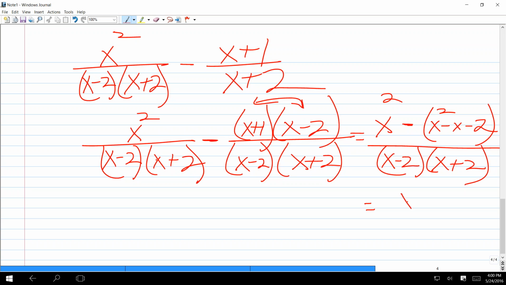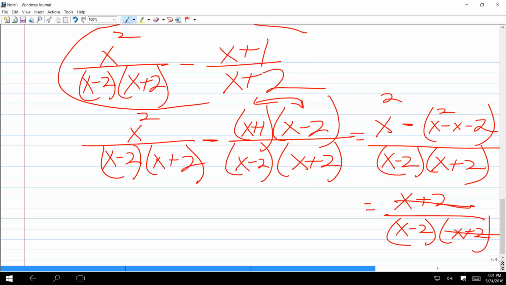You have x squared minus x squared plus x plus 2, which is x plus 2, which cancels with the x plus 2 in the denominator, leaving you with 1 over x minus 2. You got it. And that's the equivalent of that expression.